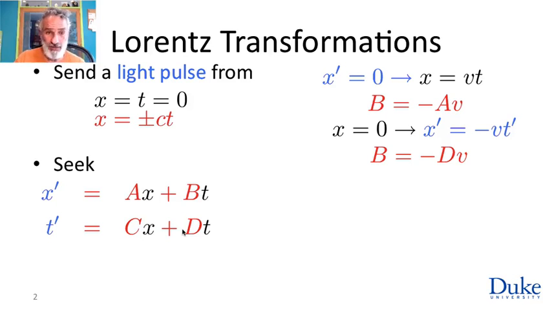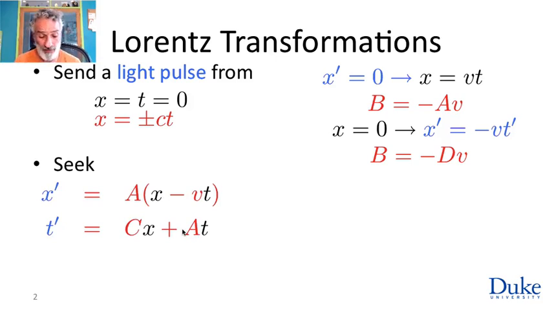I can rewrite the equations implementing both of those results already, and I see a simplified form. A appears three times, in fact. We still haven't determined the coefficient c, but we haven't used relativity yet. We haven't used the idea that the light pulse is moving with speed c. Notice, so far, I haven't found any contradiction with Galilean relativity yet, but now I will.